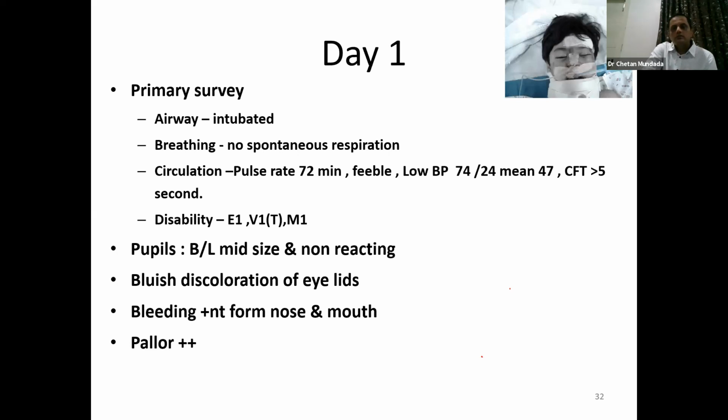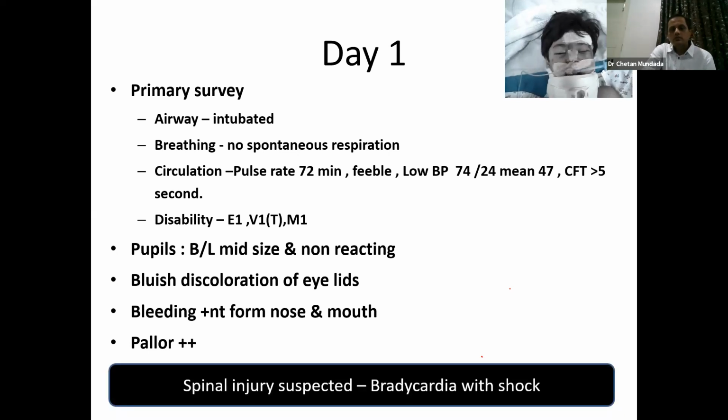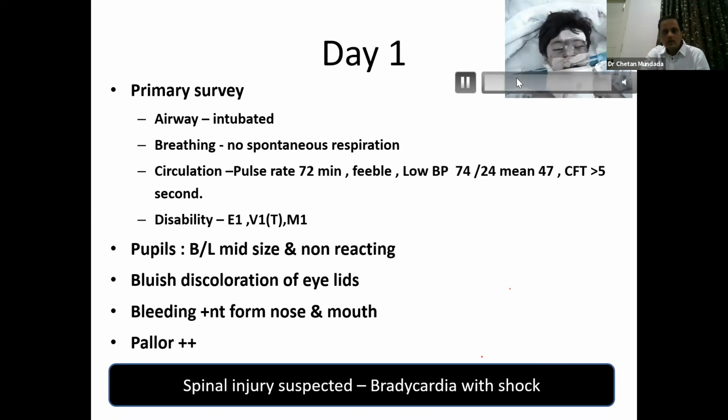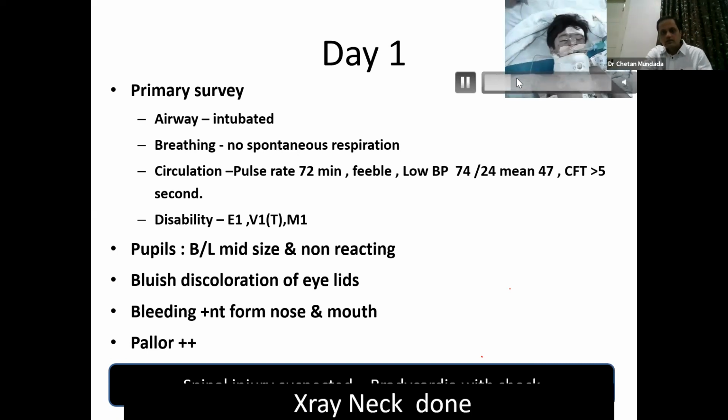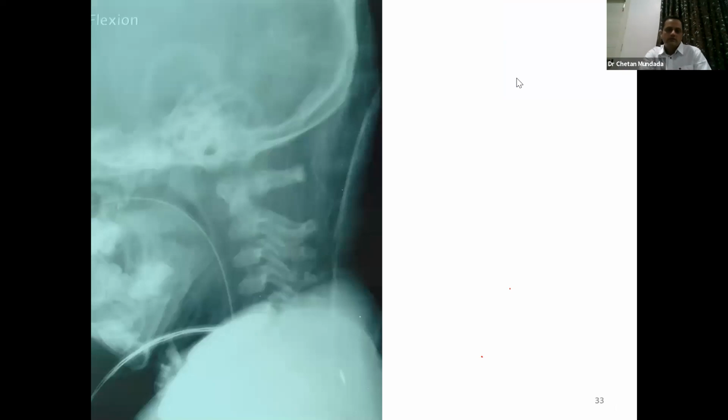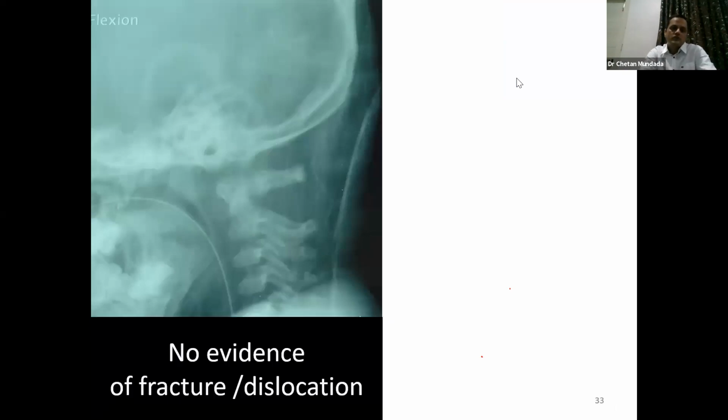X-ray neck was done for this child, and there was no evidence of any fracture or dislocation of the cervical spine.